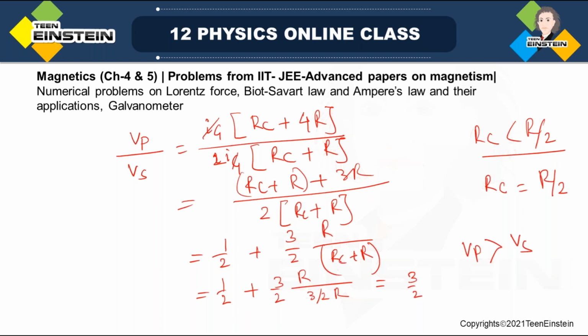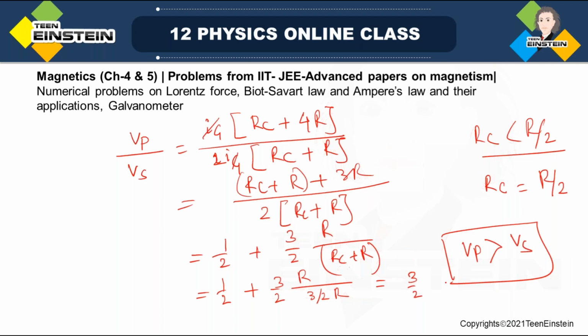That means this quantity will be at least less than 3 by 2 R. That means it will contribute to 1.5 plus something. So we can see that Vp will be greater than Vs. At least that's what we can say.